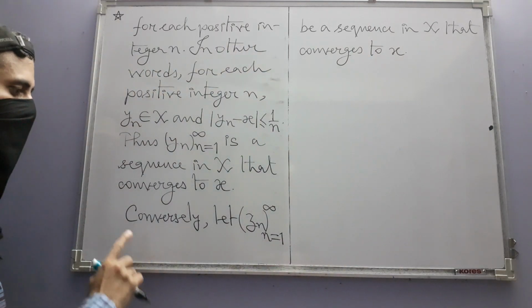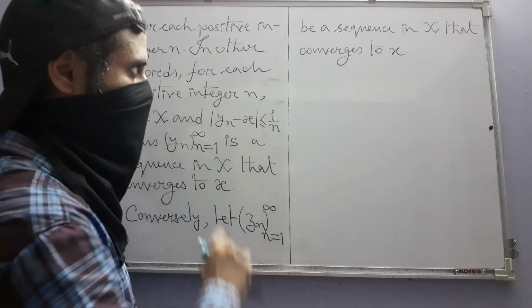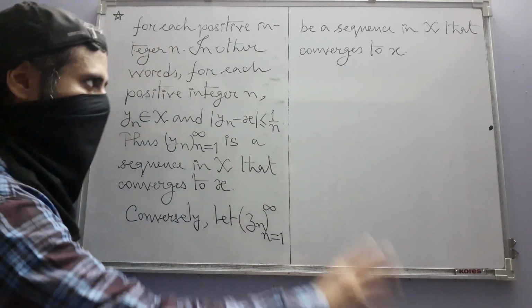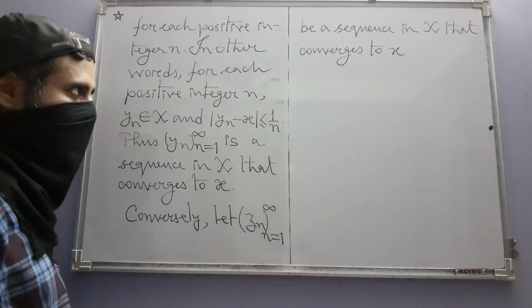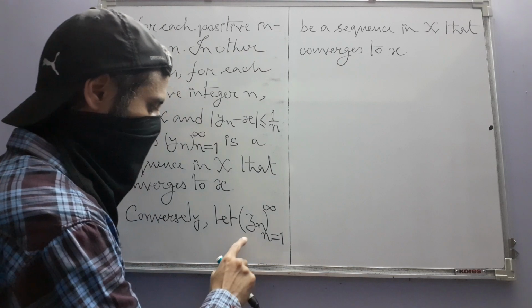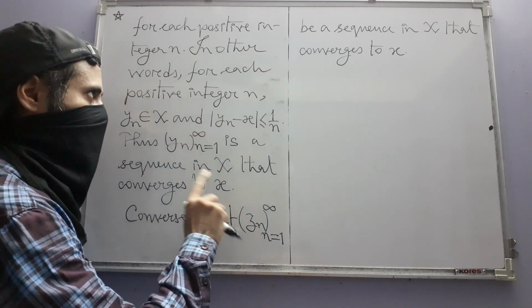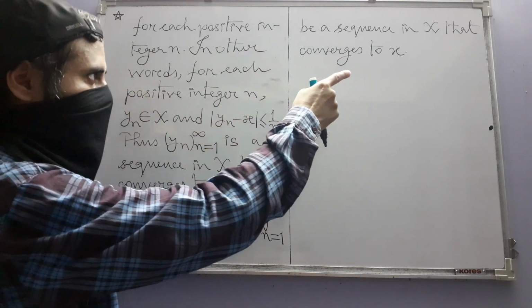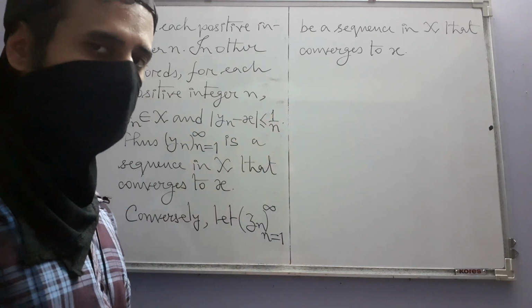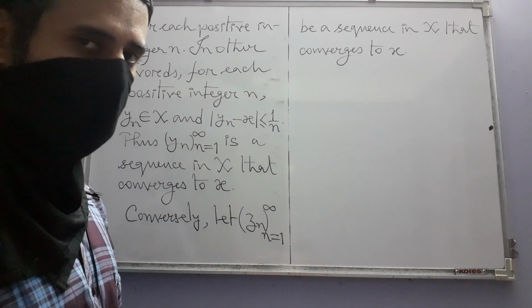So now our aim is to prove that small x is actually an adherent point of capital X. Now it's not given that small x belongs to the closure of X. That's what we want to prove now. It is now given that there is a sequence Zn, all of whose elements are coming from capital X, and that converges to small x. So this should imply that small x is an adherent point.